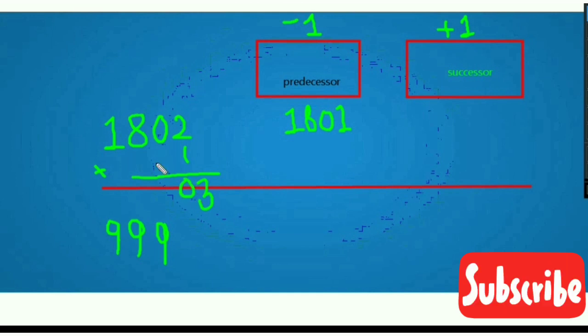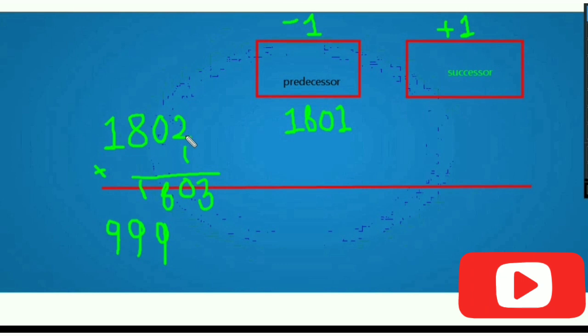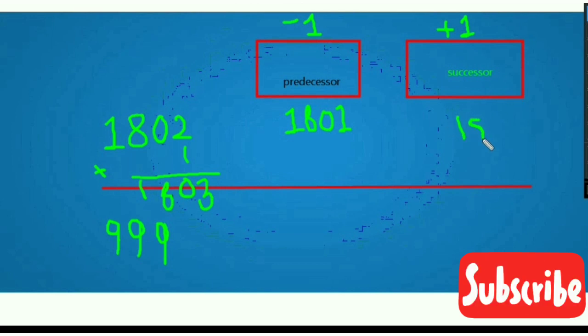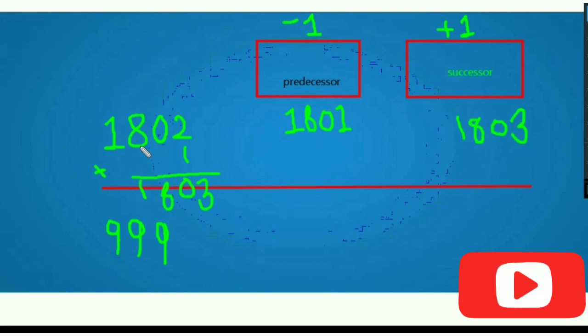Okay. 0 as it is. 8 as it is. 1 as it is. So the successor of 1802 is this. Okay. 1803. What is our answer? We will write here 1803. Okay. This is the successor of 1802. Now I hope it's clear to you.